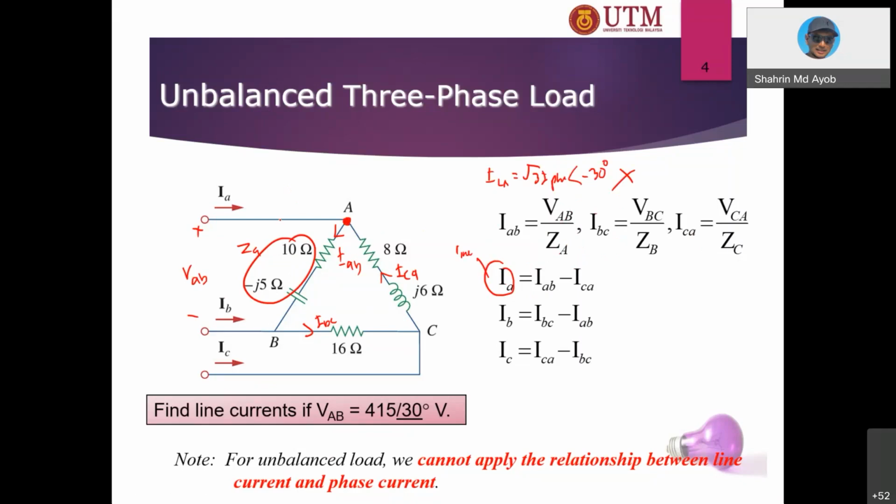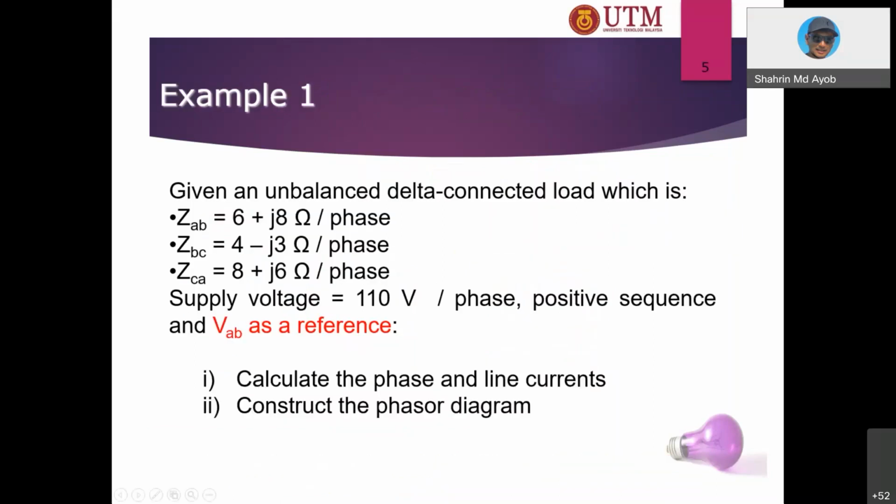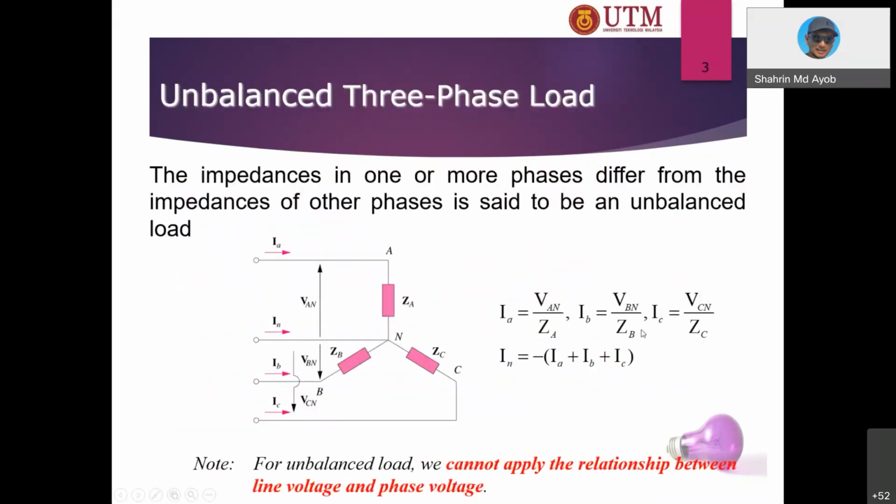IA is actually equal to IAB plus ICA, and so on. So you need to use this information to calculate all your line currents. Same case when you have the delta Y connection and so on.